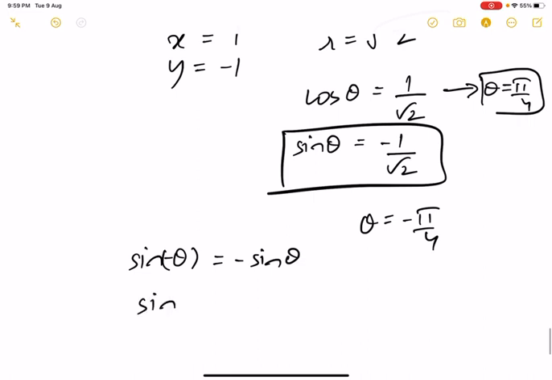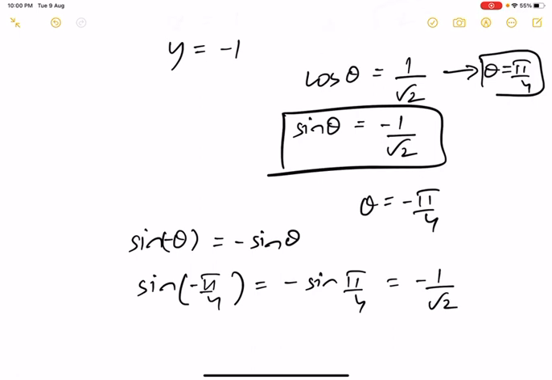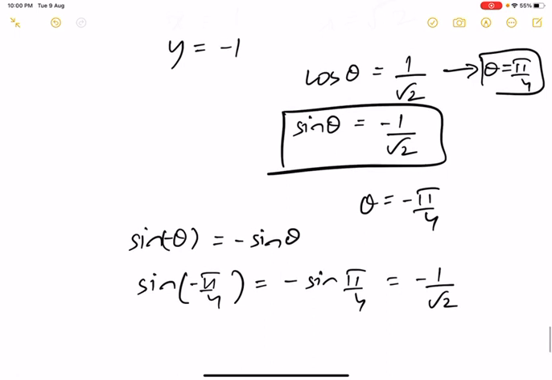So if I take sine of negative pi by 4, this will just be negative sine of pi by 4, which is negative 1 by root 2. This becomes very straightforward. So theta is equal to minus pi by 4 is working for sine.